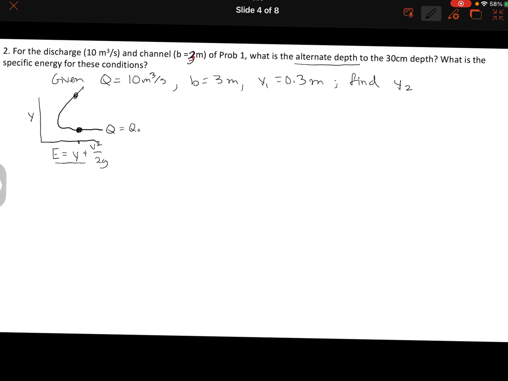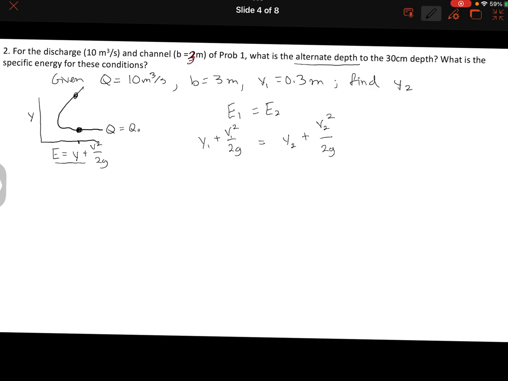So what we know here is that our E1 is going to equal our E2, which means that our water depth and velocity head should be equal across these 2 points here.